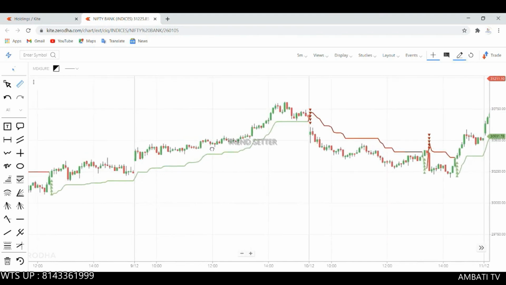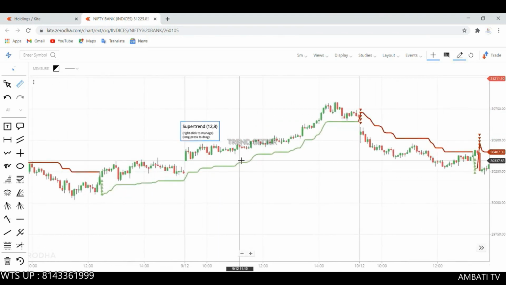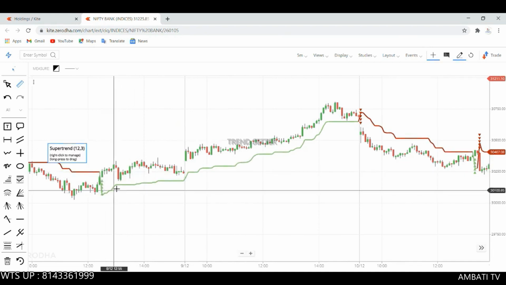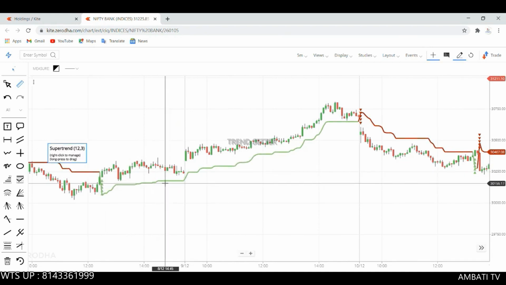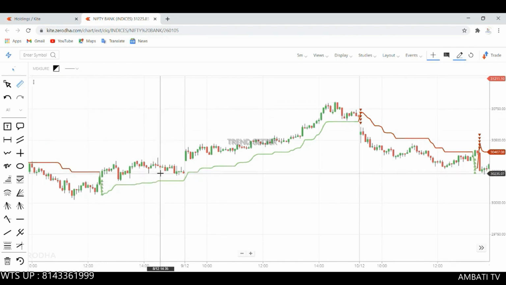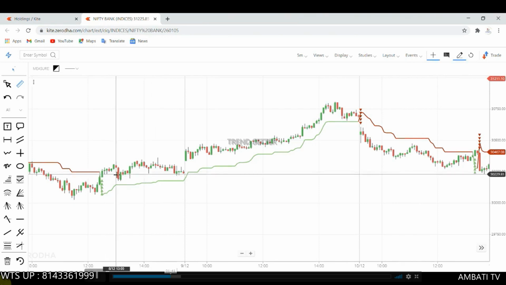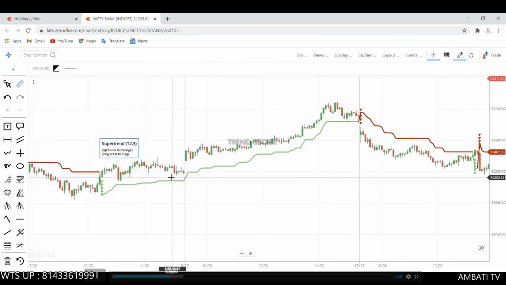Basically, why are we going to use super trend? We are going to use it because we want to understand the trend of Bank Nifty or Nifty, because we always trade for a trend. Whatever the trend of Nifty is, we will only look for opportunities according to the trend.